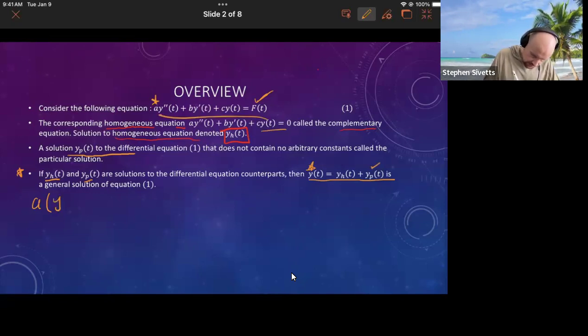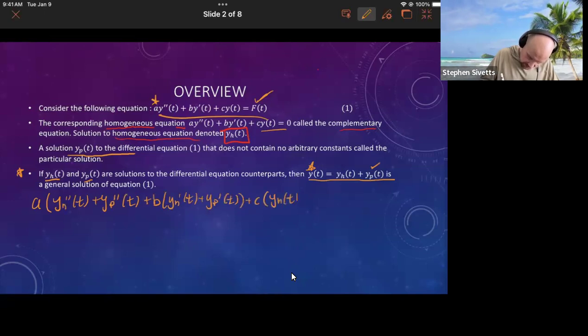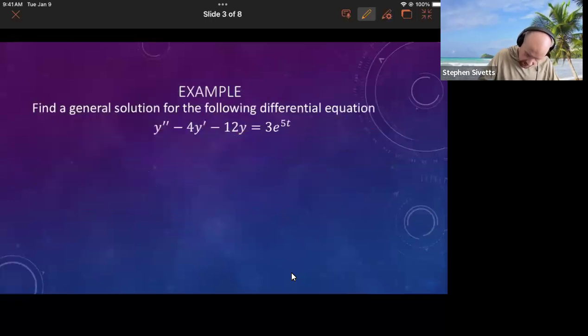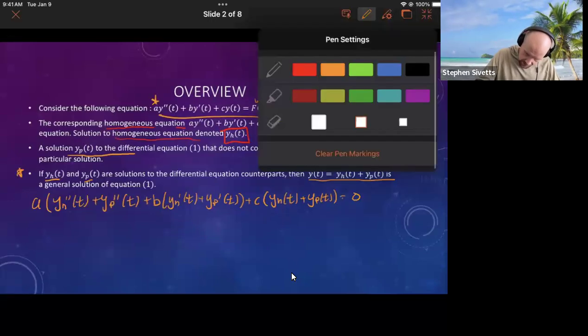We'll have a times y sub h double prime of t plus y sub p double prime of t, plus b times y h prime of t plus y sub p prime of t, plus c times y h of t plus y p of t. It has to equal capital F of t.